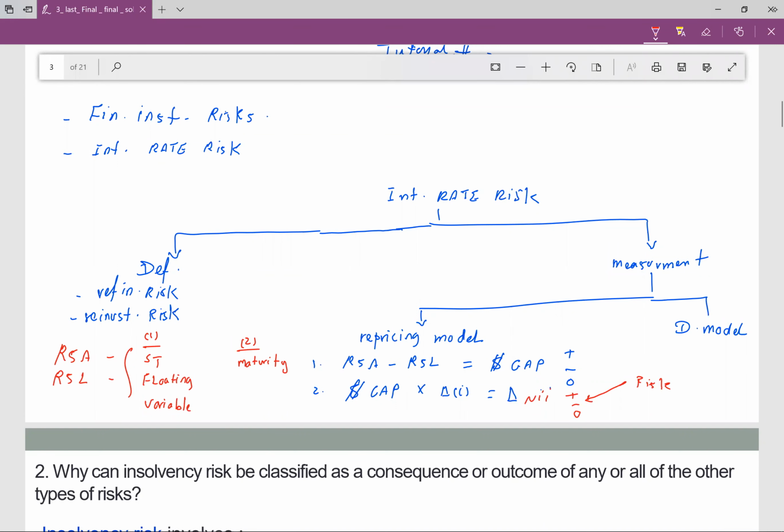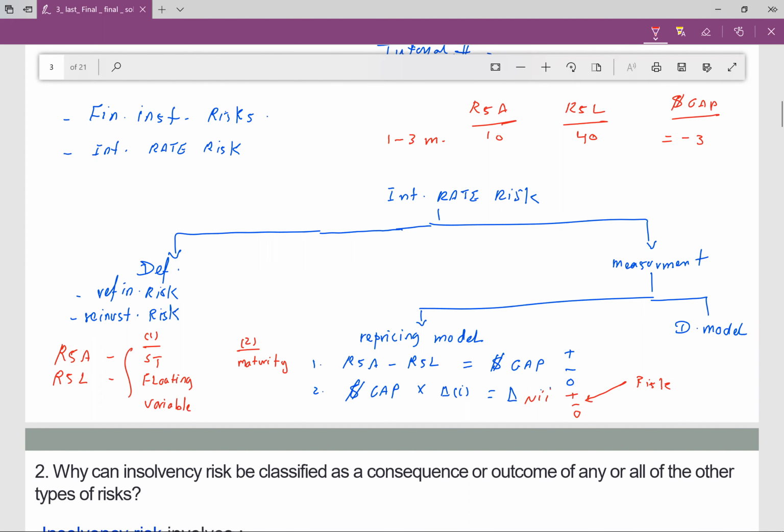Which means when I have a gap, which is risk-sensitive assets minus risk-sensitive liabilities, and this horizon, which is, for example, from 1 to 3 months, and I find this is 10 and this is 40, which means I have now a minus $30 gap, right?